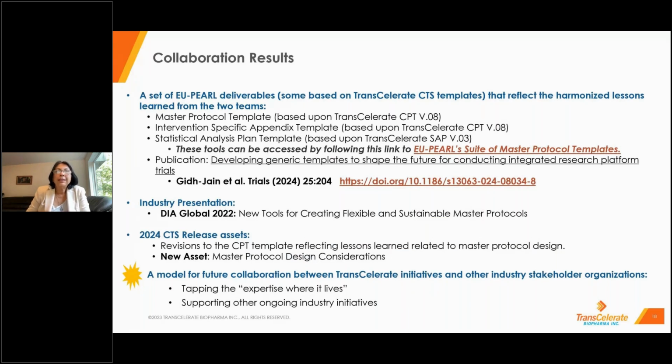So essentially, as a result of all this excellent collaboration between EU-PEARL and TransCelerate, we were able to, with this sustainable and reusable systematic approach to IRP trials, design a structure that was designed by EU-PEARL, but based on TransCelerate templates, which was able to meet complex regulatory, ethical, legal, statistical, and data sharing requirements.